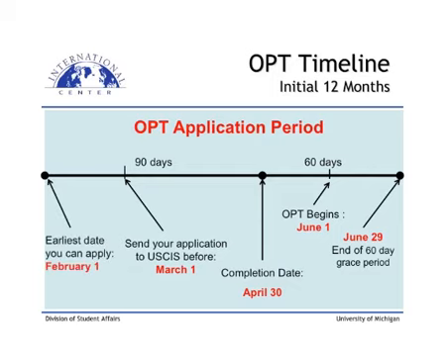For this student, if he or she wanted added security to be sure that his or her OPT is approved by the date that was requested, then he or she has up to 90 days before the completion date to apply for OPT. This means this student can apply as early as February 1st and allow 4 months for the application process.